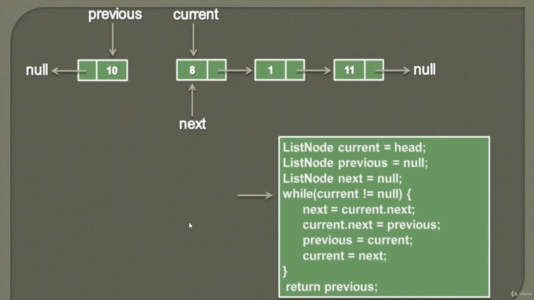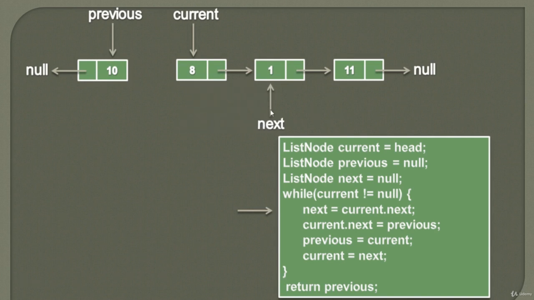Now we'll again execute the while loop and we'll see whether current is equal to null or not. So current points to the second node which is not null. So this while loop executes. Then we'll perform the same steps. So here we'll provide the current's next value to the next node. So here current next is the third node.